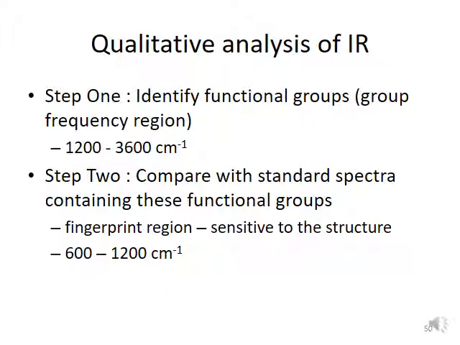Okay, now how can you read the output of infrared spectroscopy? The first step is you need to identify the main functional group, which is above 1000 per centimeter. In the range of about 1200 until 3600 per centimeter, you can determine the main functional group in your sample.